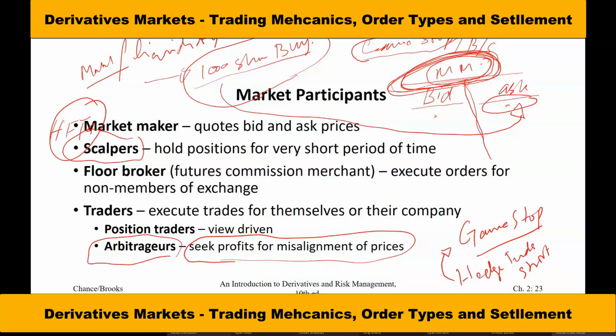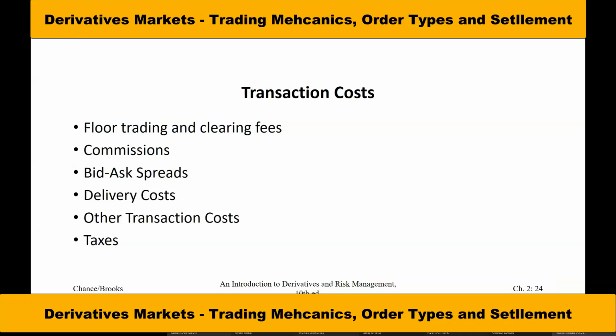Any questions? Now, if we talk about transaction costs in the derivatives market, we have the floor trading and clearing fees, commissions, the bid-ask spread, the delivery cost, and other transaction costs related to settlements, etc. And then we have taxes, which are a very important element, but they vary from country to country depending on the tax regime.